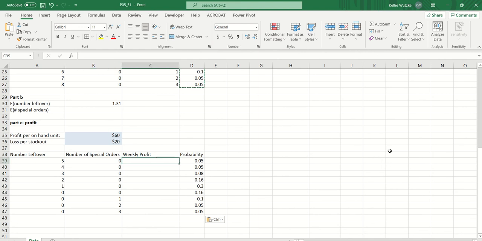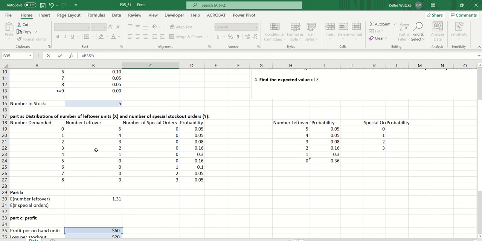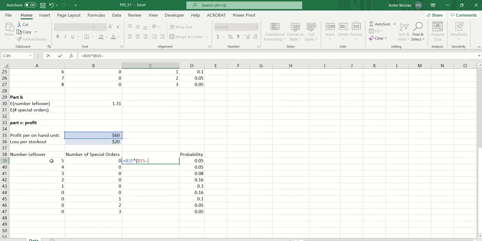So now I need to calculate out weekly profit. So to do that, I need to take the profit I have per on-hand unit and then multiply that by the number in stock minus the number left over, because that will be how many I sold.